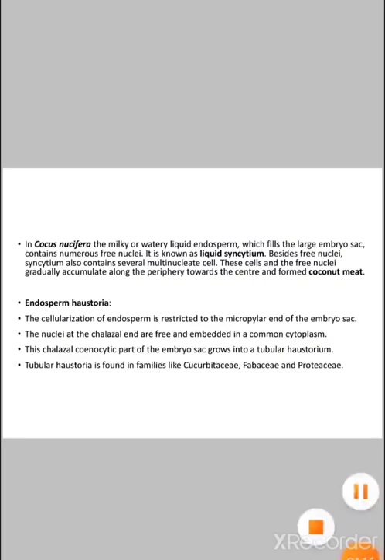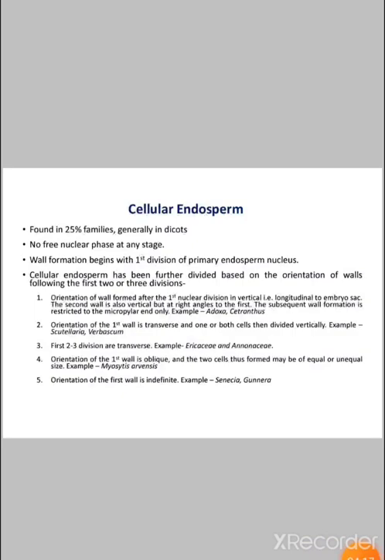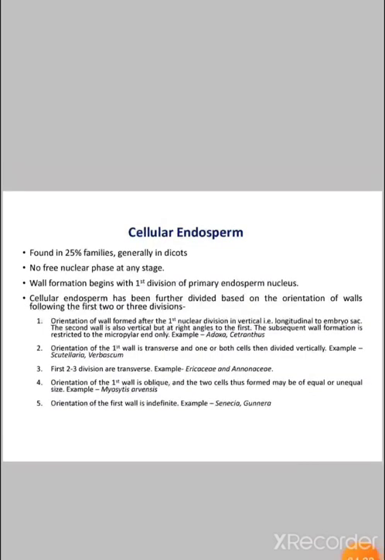Tapetum is the innermost layer of anther wall and it completely surrounds the sporogenous tissue. The cells contain dense cytoplasm with prominent nuclei. Usually tapetum consists of a single layer of cells.